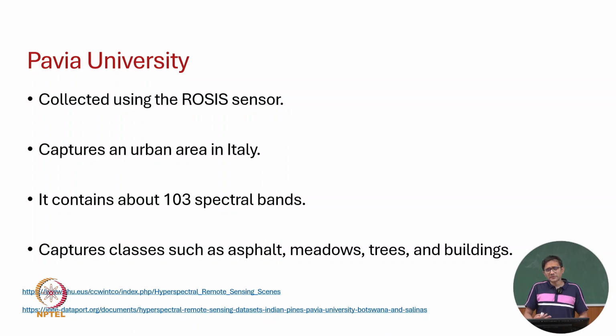And hyperspectral images are, of course, also interesting for urban classes, depending on the particular application. So this one contains about 103 spectral bands. And again, see the classes. It captures challenging classes like asphalt, meadows, trees, buildings.